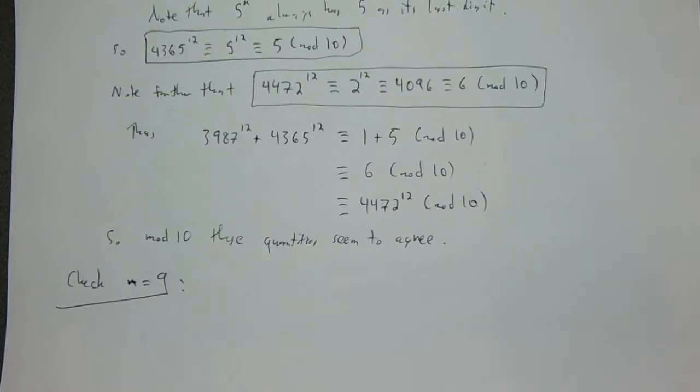Whereas mod 10 was just the last digit, for mod 9 one thing you can say is that an integer mod 9 is congruent to the sum of its digits mod 9. You might recall this being involved with divisibility rules. The divisibility rules for both 3 and 9 were very similar. If a number was divisible by 9, the sum of its digits was divisible by 9.